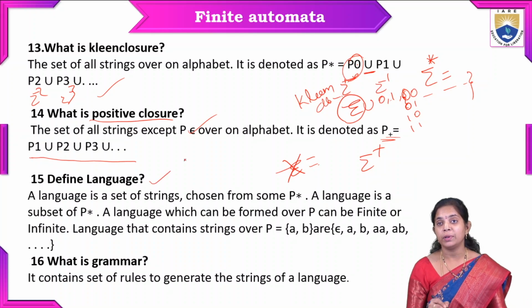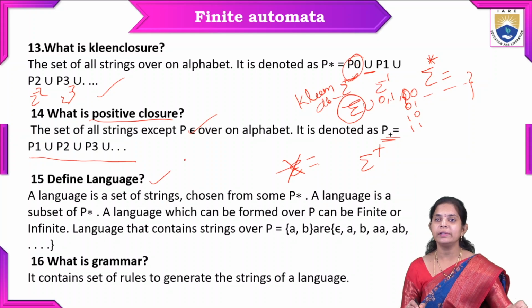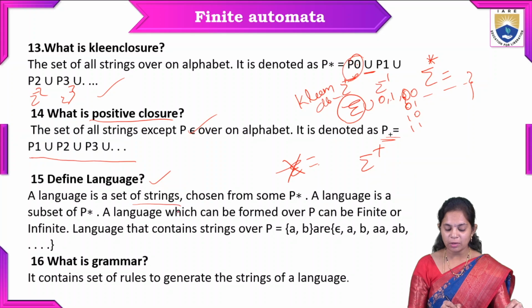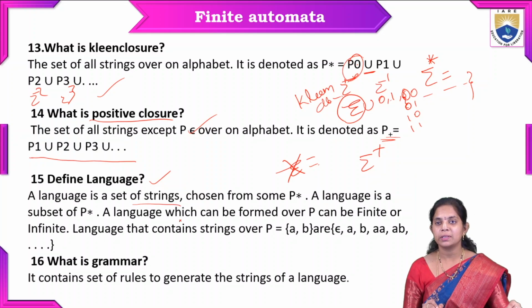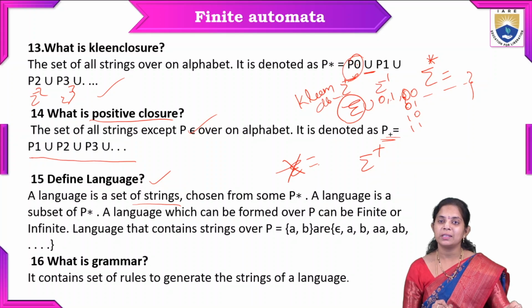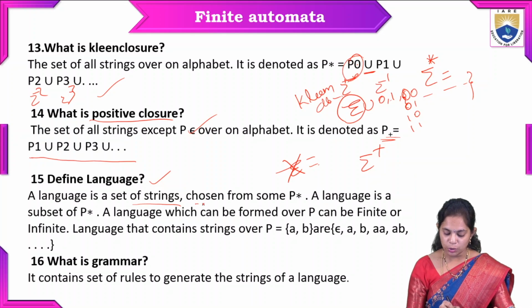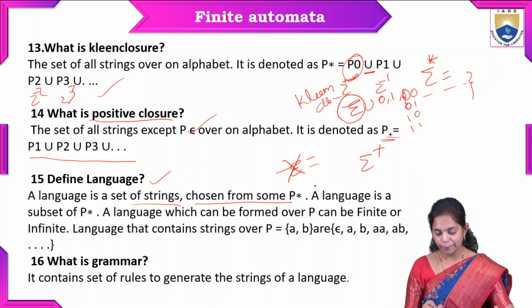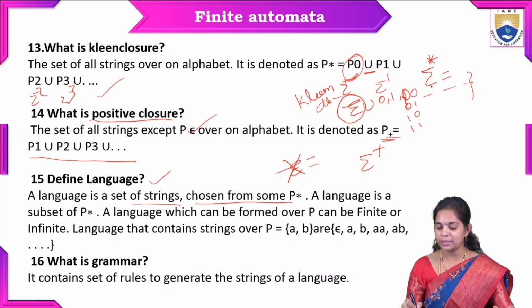And now, define a language. Till now we have seen strings. So what is meant by language? A language is a set of strings. Till now we have discussed prefixes, suffixes and strings, how we form strings and what properties they have. But a language is altogether a set of strings chosen from sigma star. Sigma star is nothing but the Kleene closure of sigma.